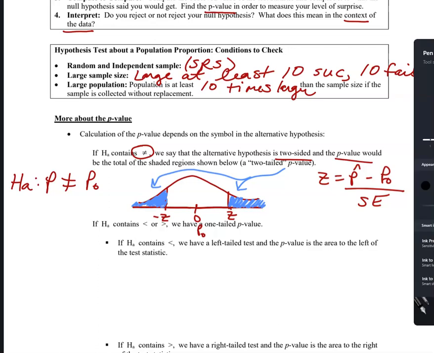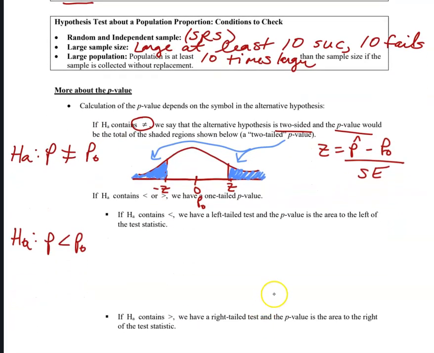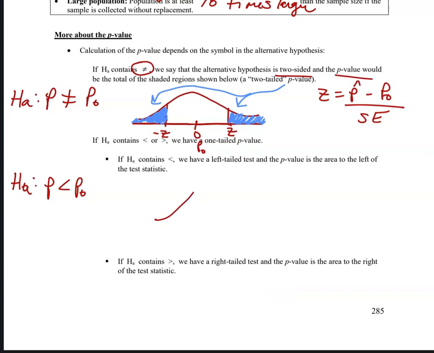Okay? So your p-value would be the sum of those two areas if you're dealing with a two-sided test. Now, if it's a one-sided test, let's suppose that we have a left-tailed test to begin with. Your alternative: p is less than p-naught. Then your drawing would look like this. I'm going to put the 0 in the middle again, and then the test statistic, maybe it's down here, but you would shade to the left.